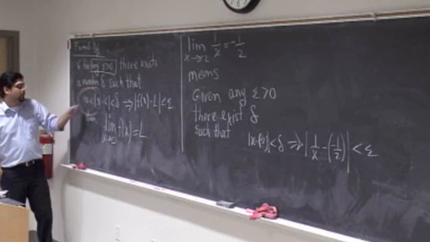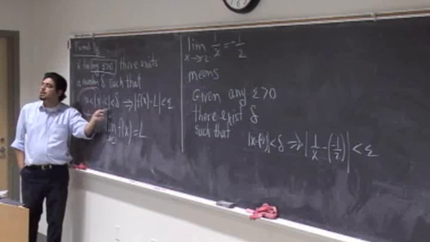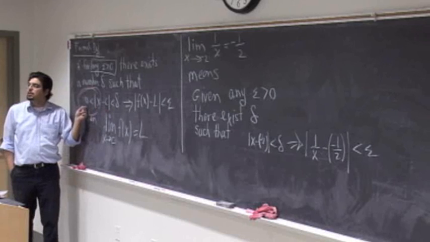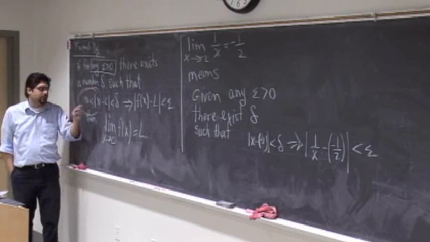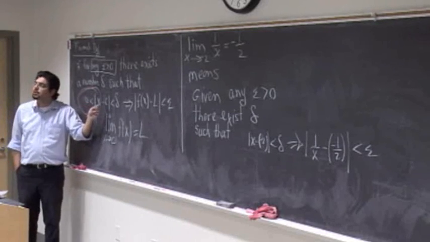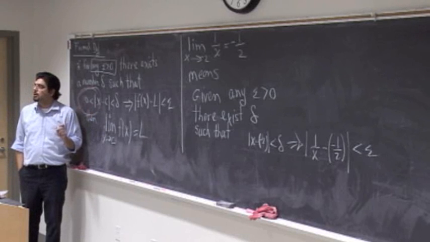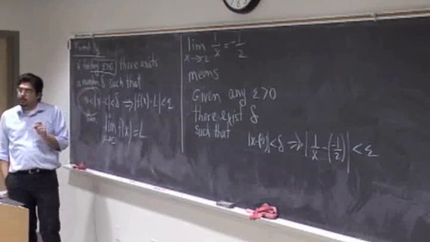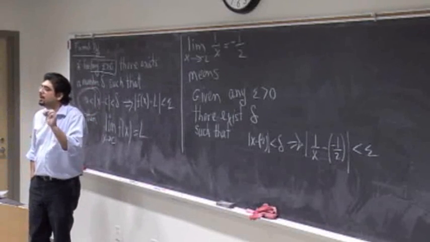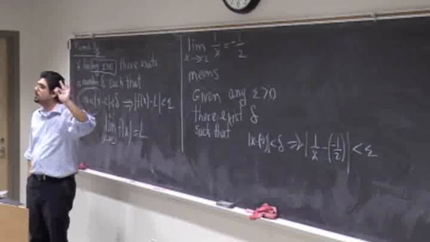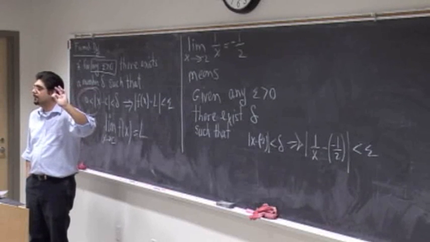Very good. We want to make sure that the distance from x to c is not equal to 0, so that we're talking about x being near c, not equal to c. When we're talking about limits, we're talking about x being near c. When it's equal to c, it might be something totally different, right?